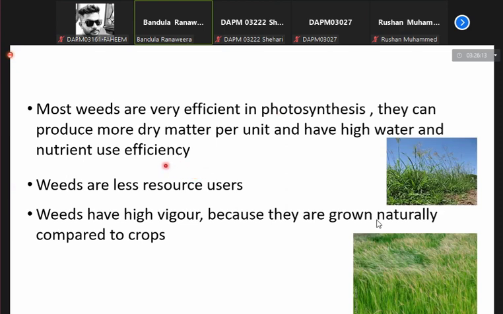For their development, they utilize only a smaller quantity of resources, fulfilling their requirements with very small quantities of resources. As the weed plants are not well attended, they are grown naturally, and because of that, evolutionarily, they become higher vigor plants.